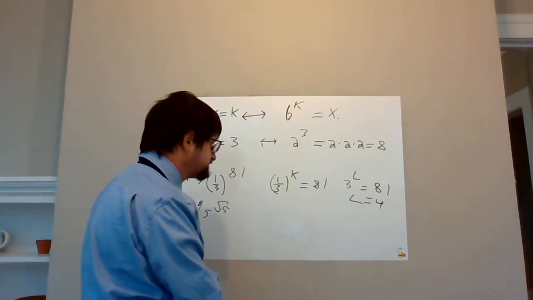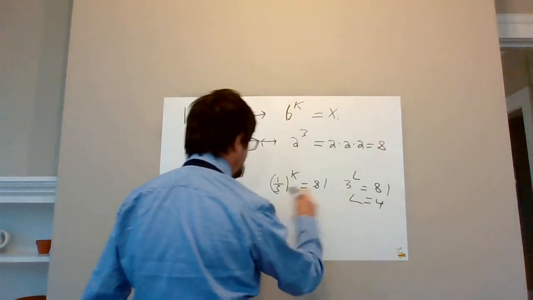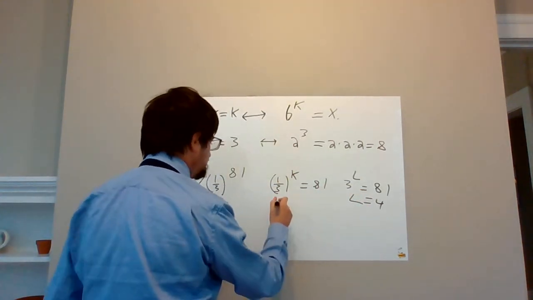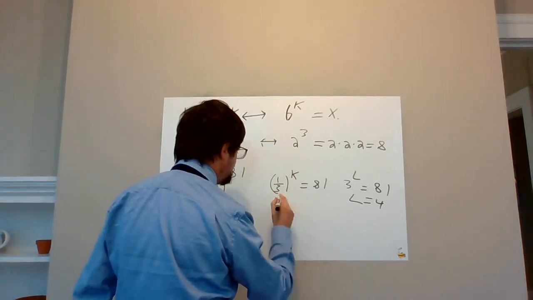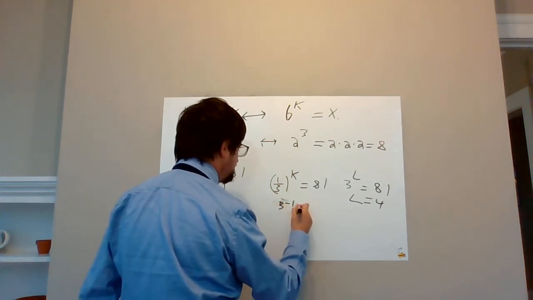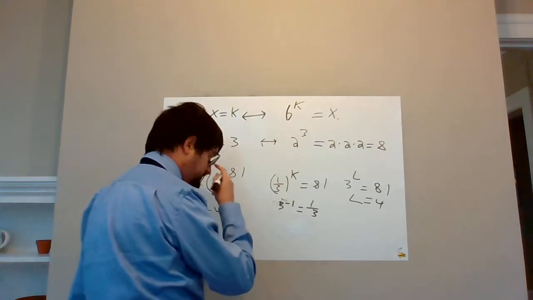Okay. So how can we get from here to here? Well, 3 to the negative 1 is 1/3.